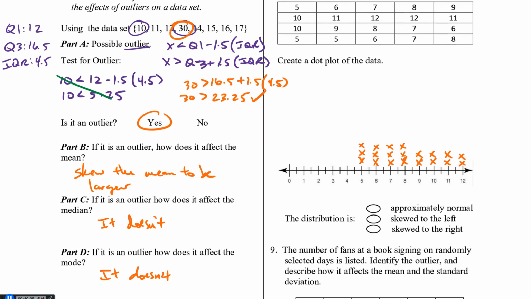And the distribution is going to be skewed slightly to the right. Remember that the distribution is determined by the tail, and there's a slight tail on the right, nothing significant. If you said it was approximately normal, that would also be acceptable.